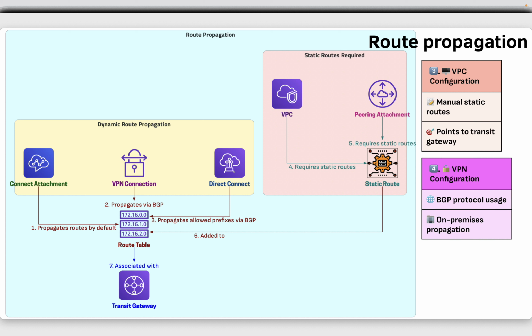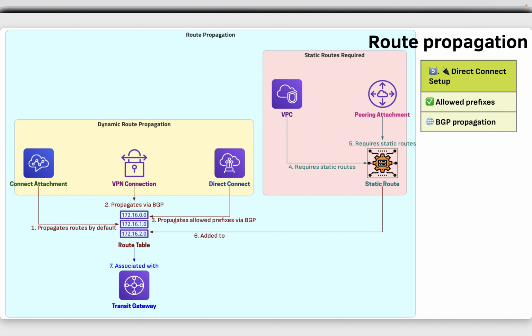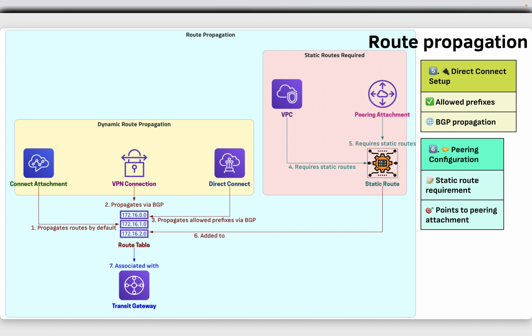With a VPN connection, routes are propagated from the transit gateway to your on-premises router using Border Gateway Protocol (BGP). With a Direct Connect gateway, allowed prefixes are originated to your on-premises router using BGP. With the peering attachment, you must create a static route in the transit gateway route table to point to the peering attachment.